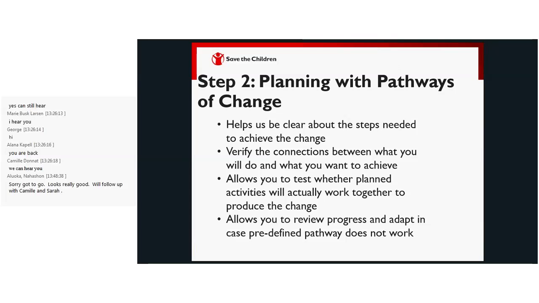So what is a pathway of change? It's an extended version of a change theory. So it's nothing different than your theory of change or looking at your intermediary changes. It's just an extended version of your theory of change, but it helps you to look at intermediary changes and external influences.